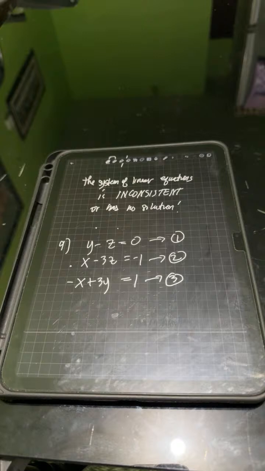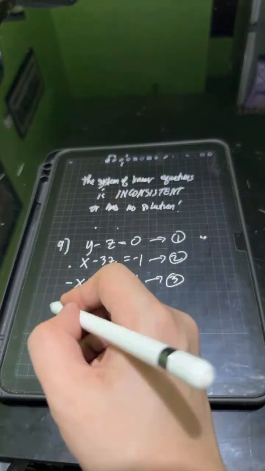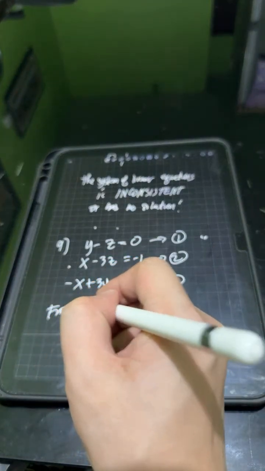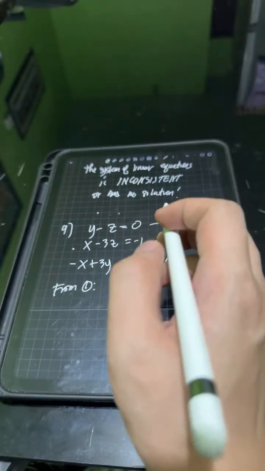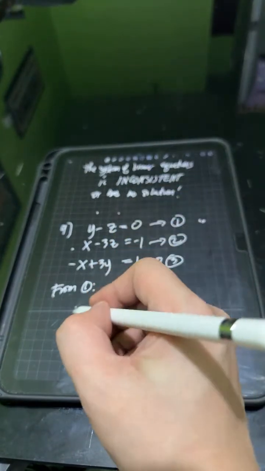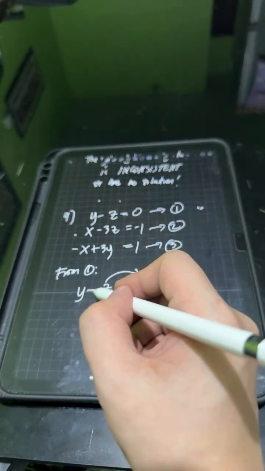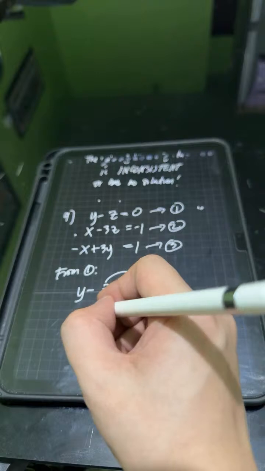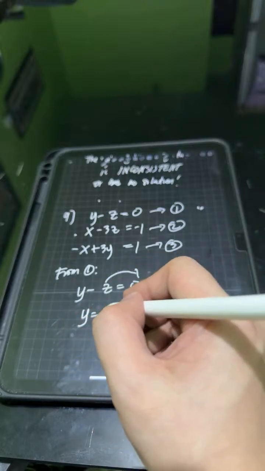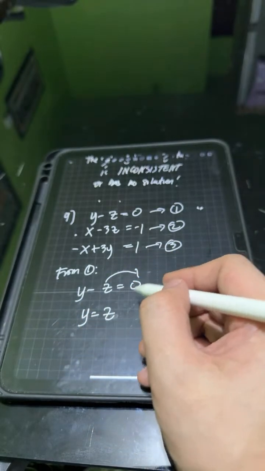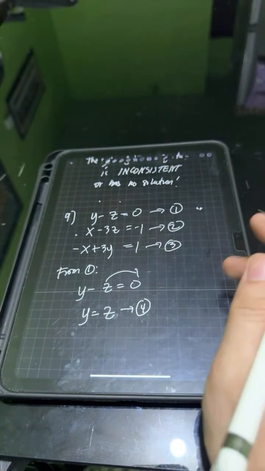So from equation 1, we can solve for y in terms of z. So y minus z is equal to 0 in equation 1. If we transpose negative z to the right, we can solve for y equal to z. Okay, let's name it equation 4.